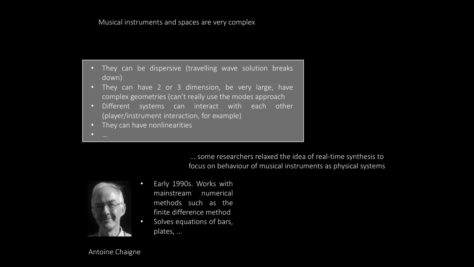And one such person is Antoine Chaigne, another French person, that in the early 90s started working with mainstream numerical methods such as the finite difference method to solve equations that weren't really solvable with these early synthesis techniques.